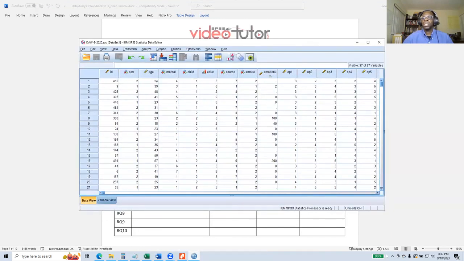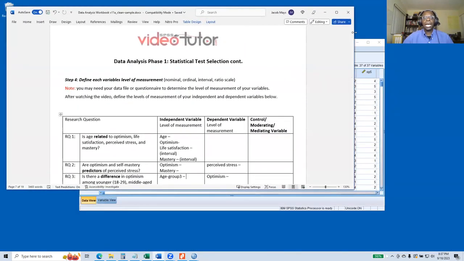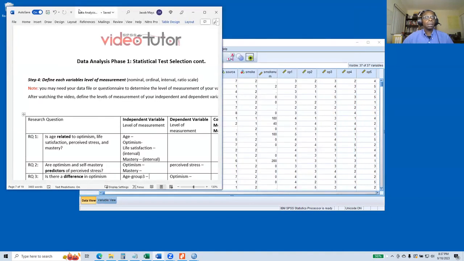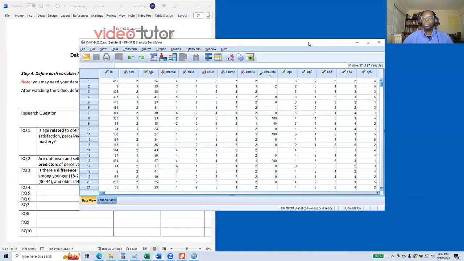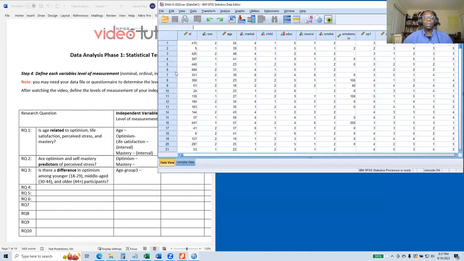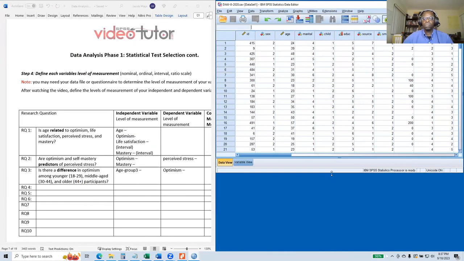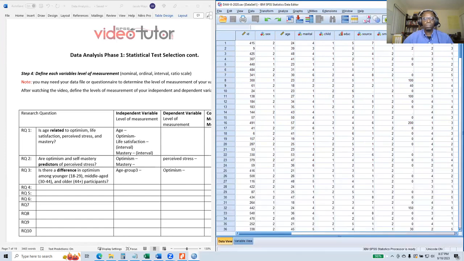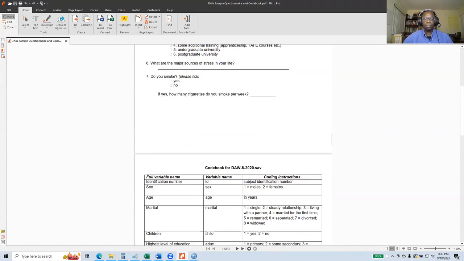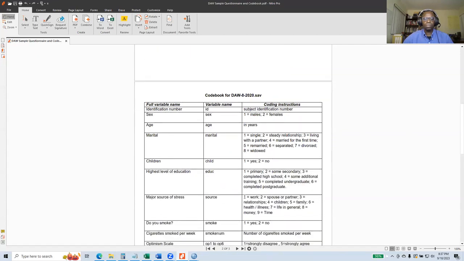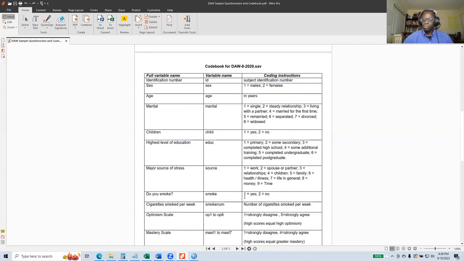Okay, so let me open this up on one side. And then I'm going to open up a data file on the other side.